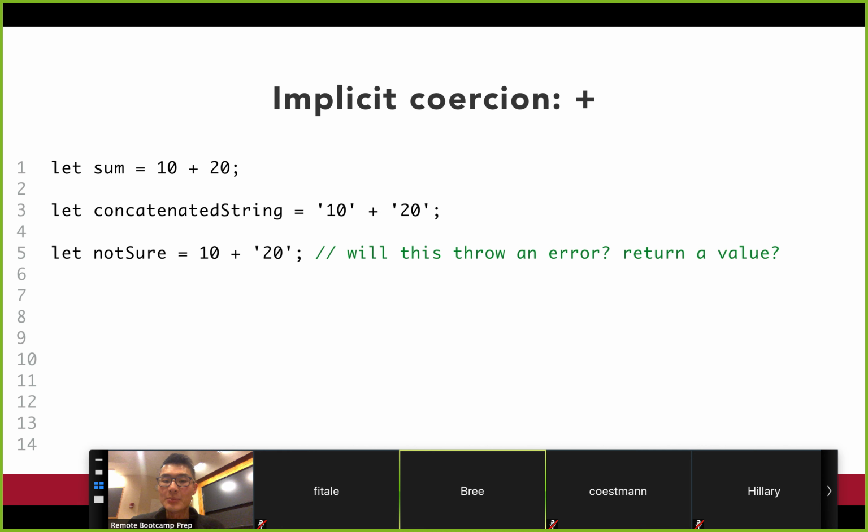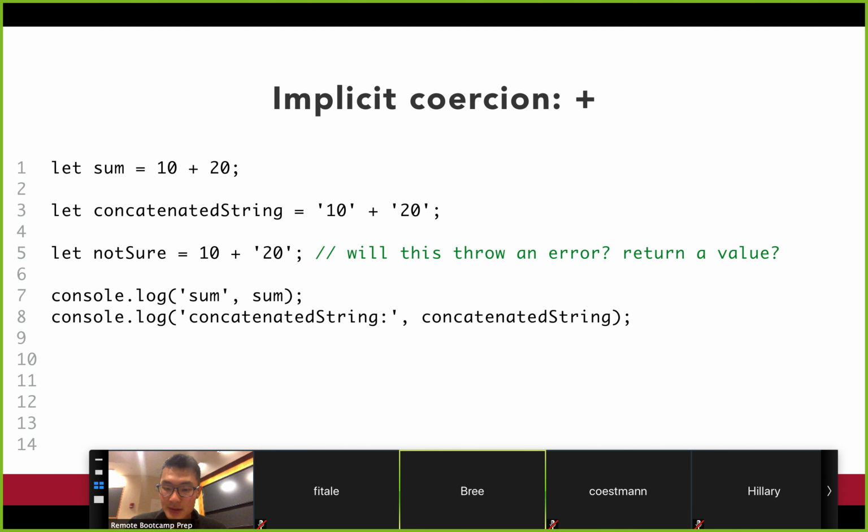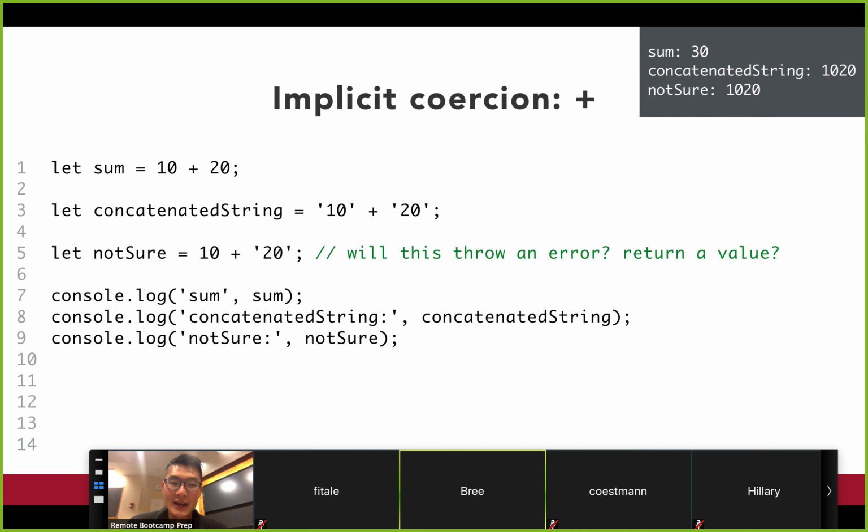Okay. But what happens when I add a number plus a string? And the answer is, drumroll please, I actually get back the string version. So on line 1, I've printed out the sum of 10 plus 20, which is 30. On line 3, I've printed out what happens when I add two strings together. I get back even bigger strings.